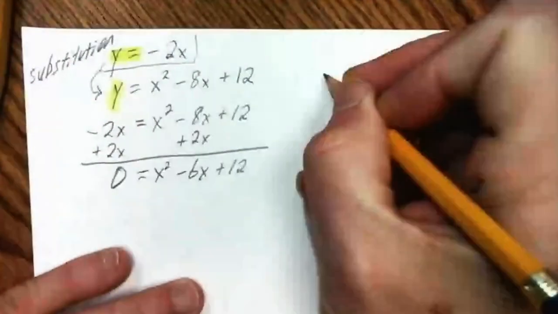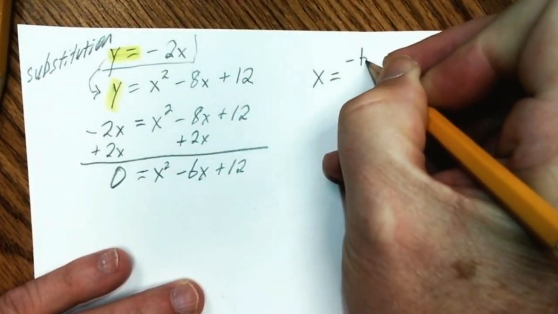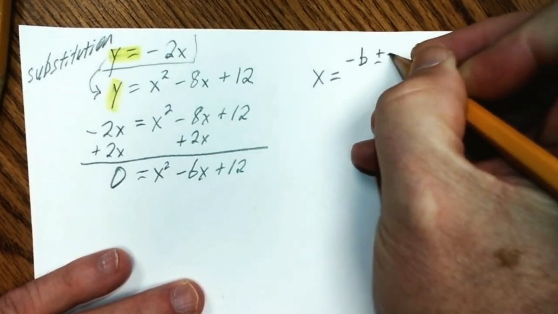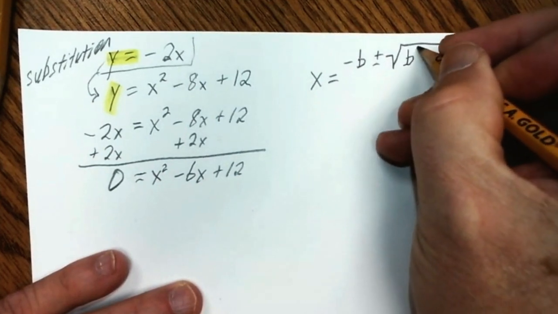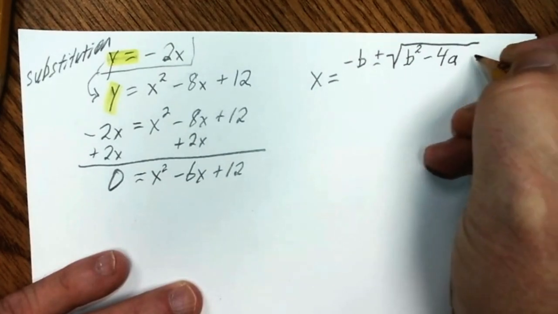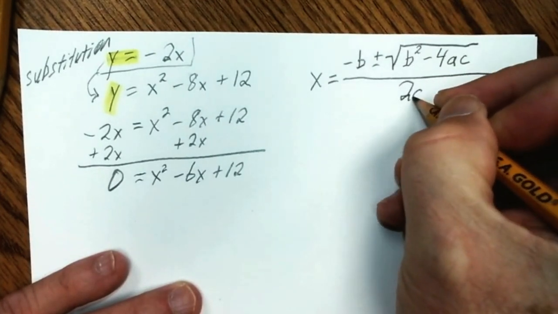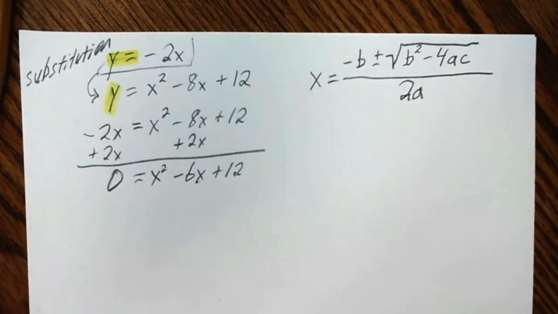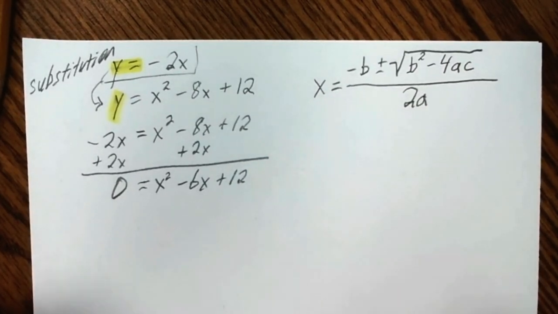But if you remember the quadratic formula, it's x equals negative b plus or minus the square root of b squared minus 4 times a times c, and everything is over 2 times a. That look familiar? That was the quadratic formula. We can use it for any quadratic equation. So I could solve this with that, but I may not need to.